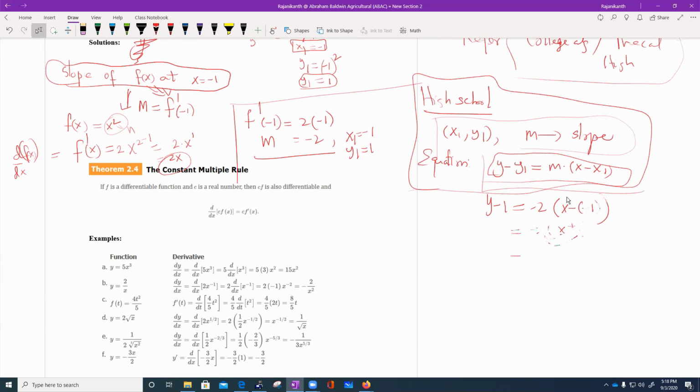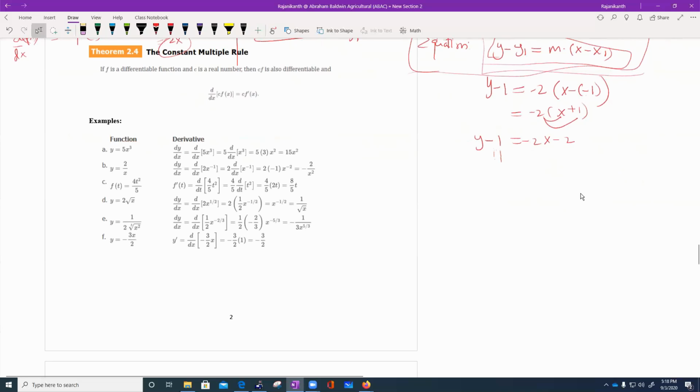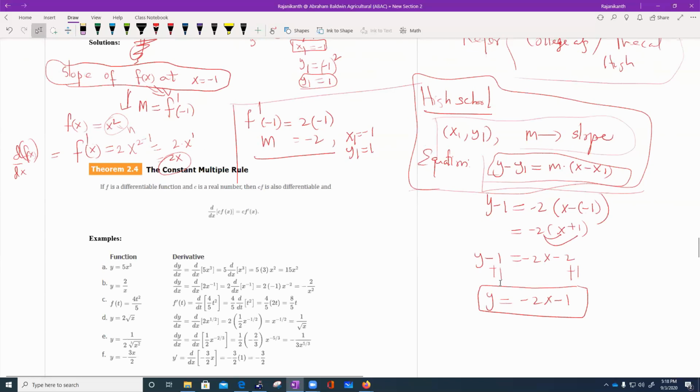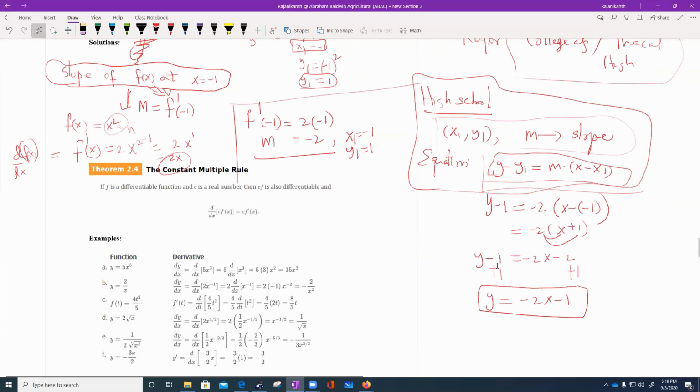Distribute inside, you will get -2x - 2. That is y minus 1. Now move -1 to the other side. So y is equal to -2x minus 1. So this is the equation of the tangent line at the given point -1 for the function x squared. Make sense?